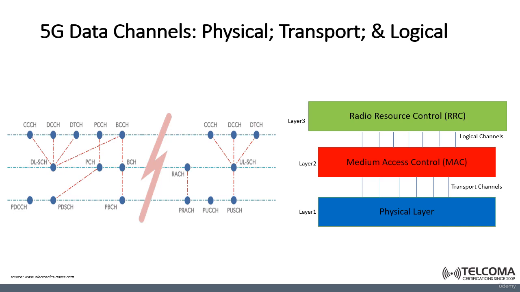So let's start with the 5G new radio layered architecture and try to explain the different layers and what functions they are performing. First, we have the physical layer, and the physical layer is responsible to handle some functions.